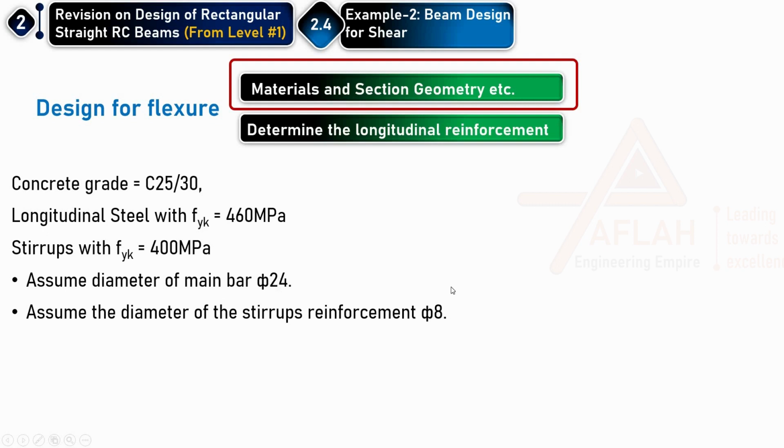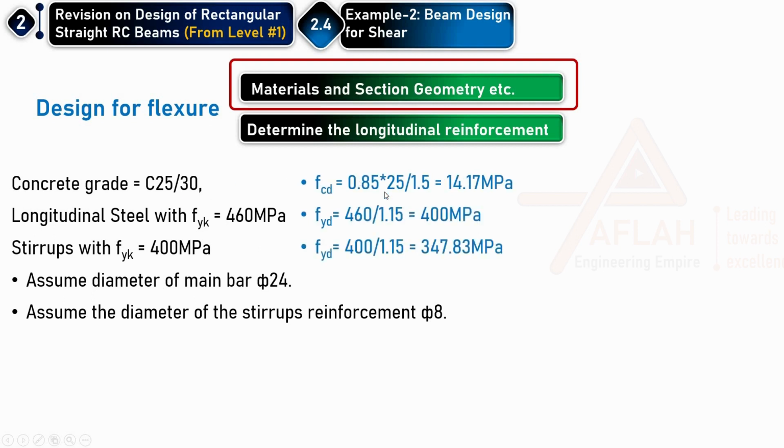Now with this, I have to calculate the design strength for the concrete. It is this much. For the steel, fyk is 460, and for the stirrups fyk is 400, which gives 347. So for the stirrups, I will use this, and for the main bar, I will use this. The design strength of the concrete will be 14.17, almost 17.